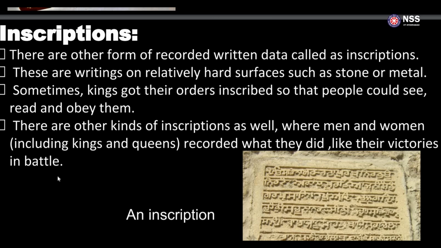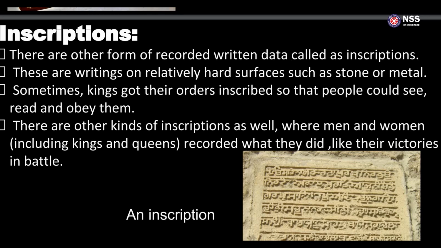If you want something to last for a long time, and you write it on paper, it's going to get erased as days go on. So it's better if you write things on a stone. On any hard objects, they would be visible for a long time. There are other kinds of inscriptions as well, where kings and queens used to record what they did, like their victories in the battles.